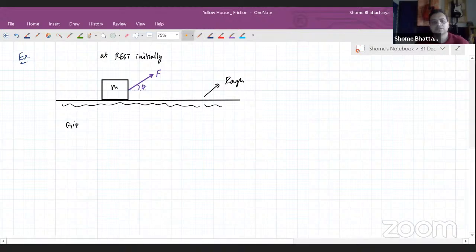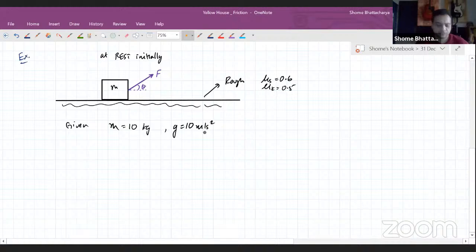So given that the mass of the block is 10 kilograms and acceleration due to gravity is 10 meters per second square, the coefficient of static friction is 0.6 and the coefficient of kinetic friction is 0.5.